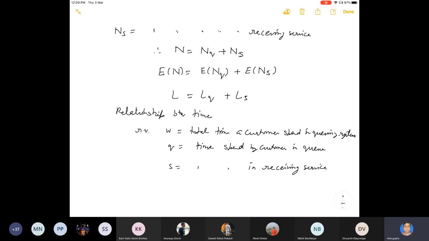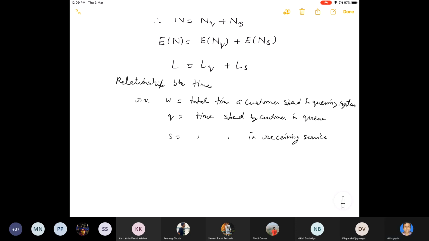In the queuing system, can anyone tell what is the relationship between W, Q and S? Total time spent. Yes.